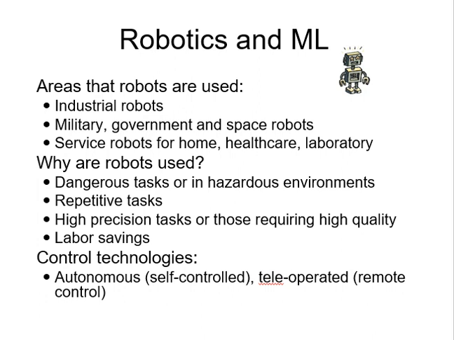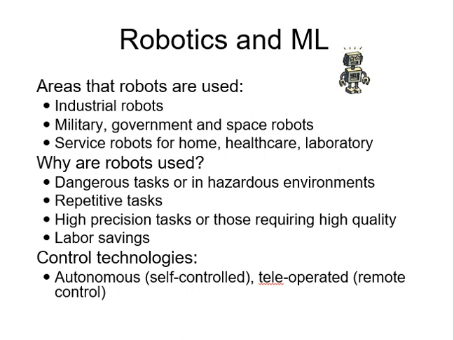Okay, now we are going to see why we have used robots. We use robots in dangerous tasks, which helps protect us, and in repetitive tasks, because doing a task repeatedly is irritating and consumes more time, but with robots it becomes an easier task.